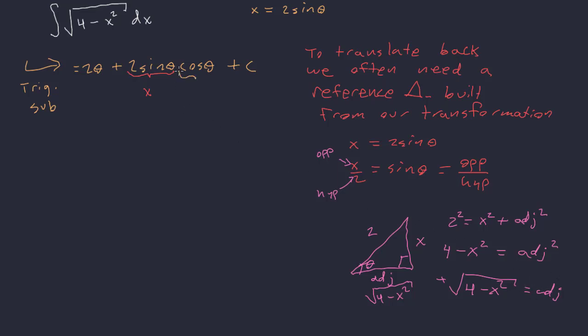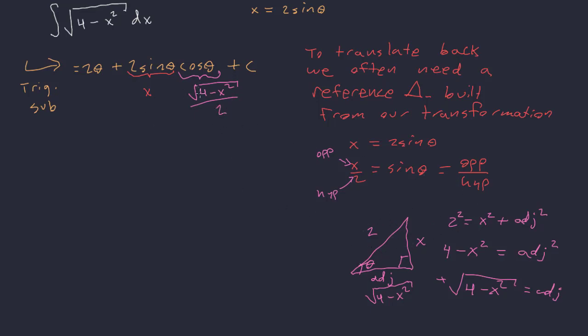So our cosine, let me match it with what we did for our triangle. Our cosine is going to be the side adjacent, which is the square root of 4 minus x squared, all over the hypotenuse, which is 2.